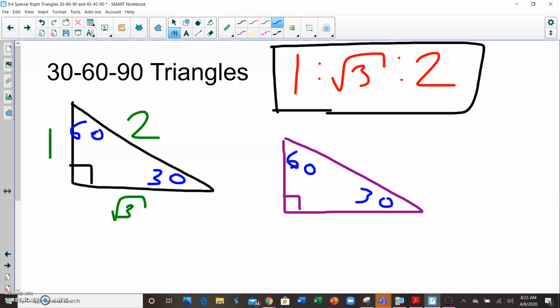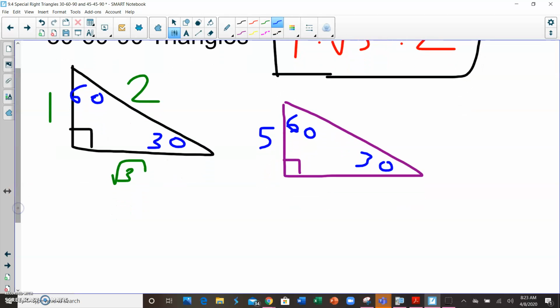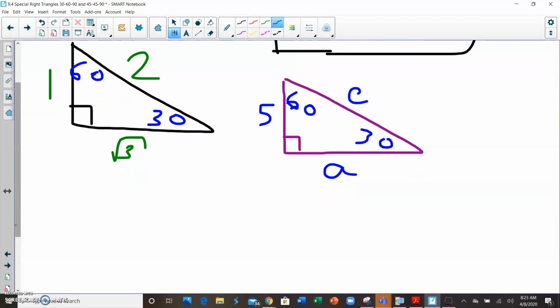So if you were only given one side, I'll just make something up, we'll just say that this is 5. So if you know that that length is 5, let's call this A, 5 is B, and this is C.